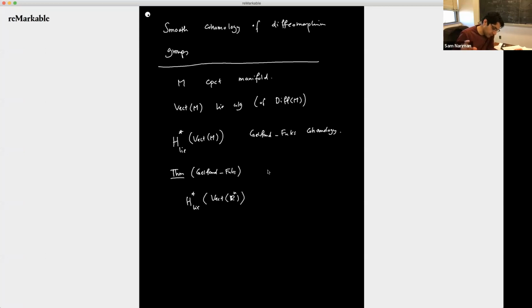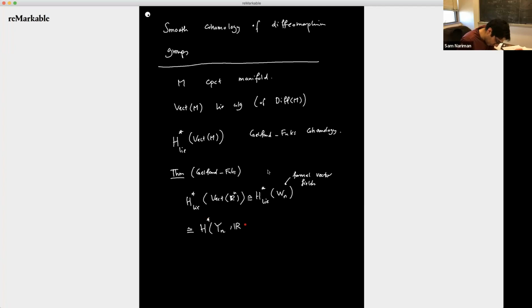In fact, if you consider germs of vector fields at the origin, it gives you what are called the formal vector fields, and they have the same Lie algebra cohomology, it turns out. In the literature it's usually denoted by W_n. This is called formal vector fields. This cohomology is isomorphic to the real cohomology of some space, which I'm going to denote by Y_n.